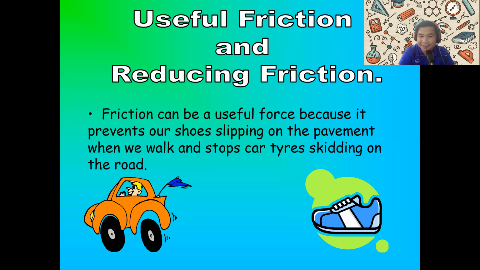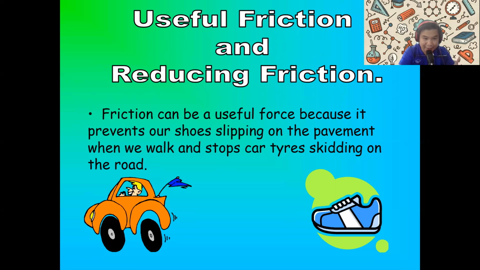Do you understand? Let's say, for example, your car is moving at 20 kilometers per hour, and you try to brake it. When there is no friction, your car will stop after 20 kilometers, or maybe 15 kilometers or 10 kilometers. It will not stop when you want it to stop.